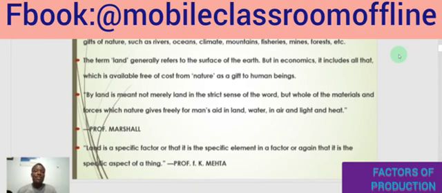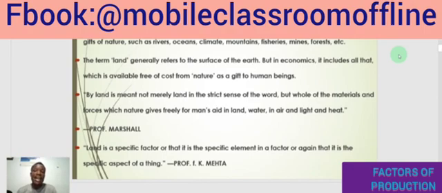Professor Marshall also defined land. He says that by land is meant not merely land in the strict sense of the word, but the whole of the materials and forces which nature gives freely for man's aid, in land, water, and air. So anything that is given free, we call it land.